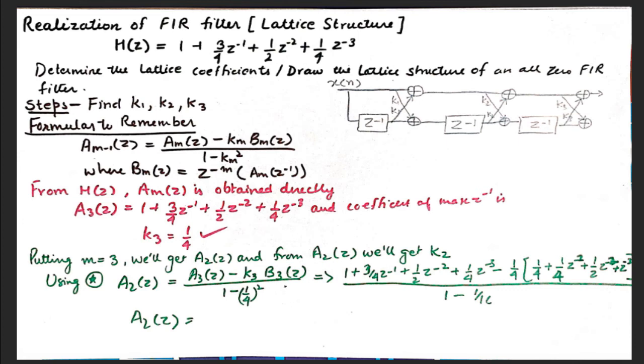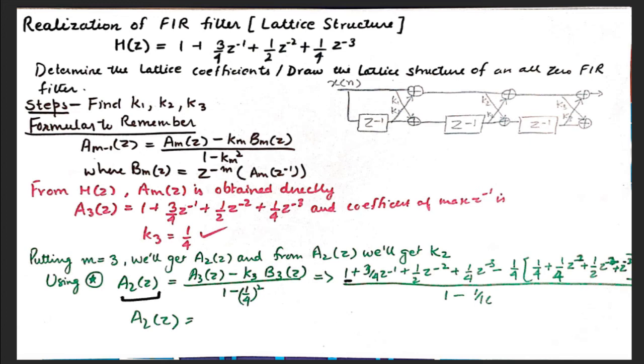And A2 is, I'm directly finding A2 by substituting A3 and B3. And I told you the trick in the previous video that B3 can be found by reversing the coefficients of A3. So if this is 1, 3, 4, 1 by 2, 1 by 4, so I can make it 1 by 4, 1 by 4, 1 by 2 and 1. And K3 was 1 by 4, so this is 1 by 16.